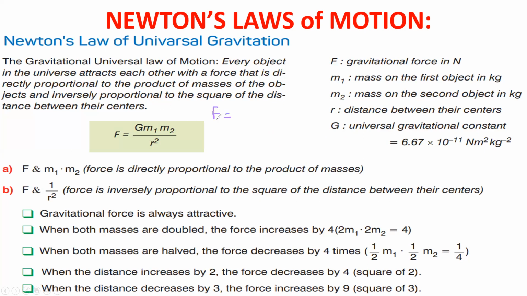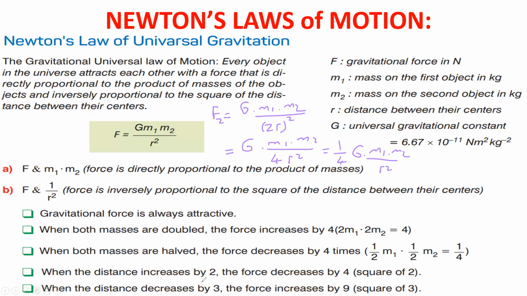F2 is equal to G times M1 times M2, without changing mass, over 2r squared. So G times M1 times M2 over 4r squared. So you can take 1 over 4 to the front: 1 over 4 times G M1 M2 over r squared. So 1 over 4, if you double the distance.